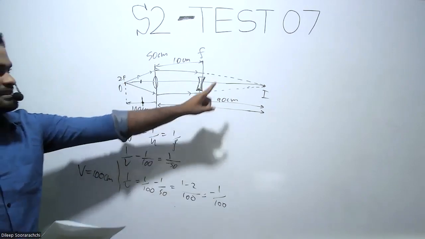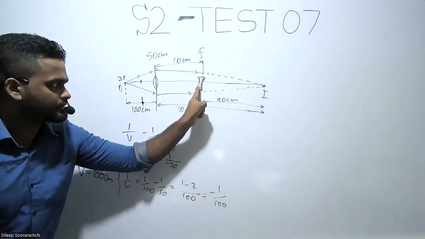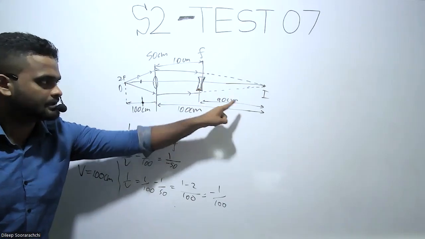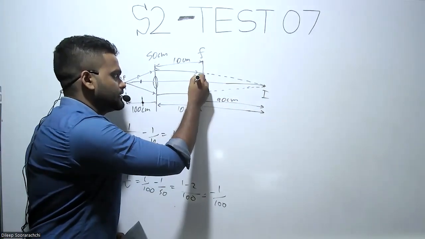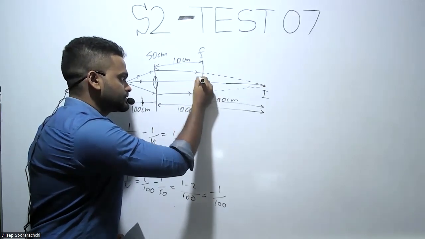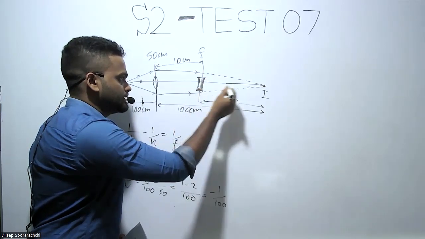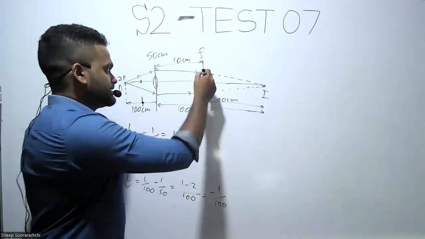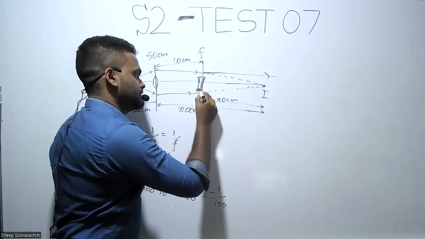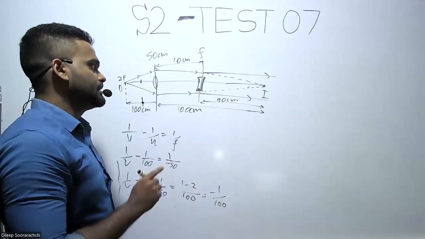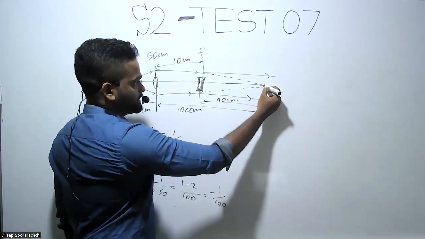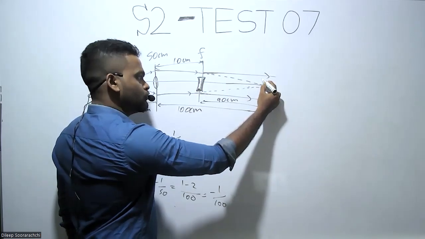Then this image becomes the object to the concave lens. This is a virtual image. It becomes an object to the concave lens. Since they say the final rays are parallel, you should be able to say the virtual object is formed at the focus.